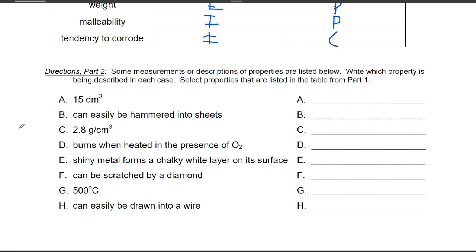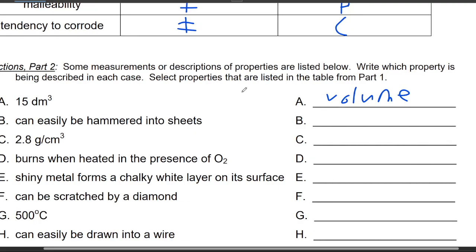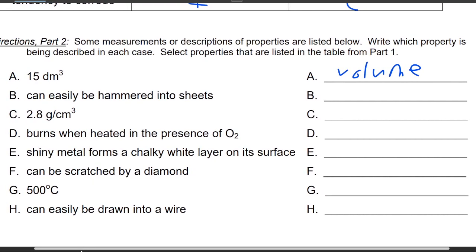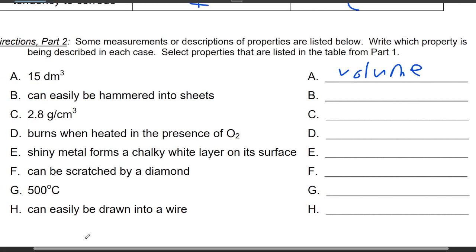I will just say that. We're not necessarily matching, we're more naming. I'll go ahead actually here and zoom in a little bit. Letter B is malleability. We just talked about that. See if I can spell that right.